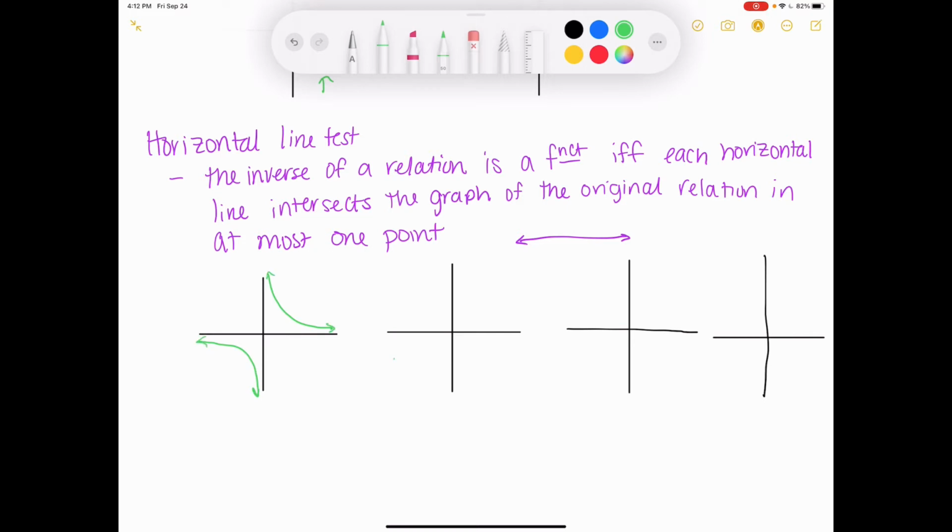Let's see, this one, I've got something like that. And something like that. So 1, 2, 3, and 4.